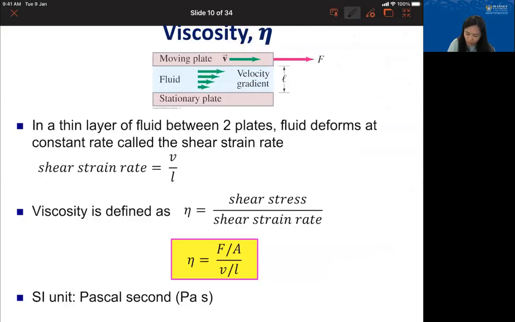So the shear strain, which describes the deformation, should also be related to the depth of where you're looking at, and of course how fast the molecules are moving, because that describes the displacement of the particles. Okay, so that's the deformation, and viscosity is defined as the shear stress over shear strain.